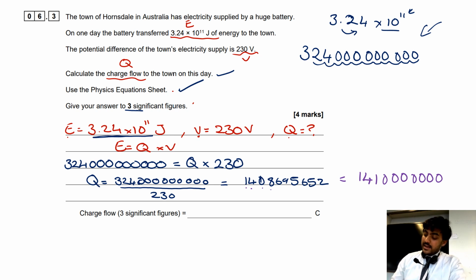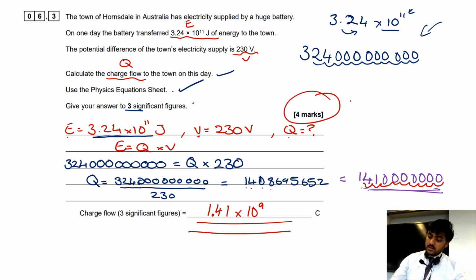Now, that is the right answer, and I can just write that on my answer line, and it would be correct. However, just for the people who have been doing it properly, I need to give it in standard form, don't I? 1.41, and standard form always starts with an integer, decimal, and then whatever numbers follow, times by 10 to the power of 9, because I have to go 1, 2, 3, 4, 5, 6, 7, 8, 9 times to get back to this answer. 4 marks.